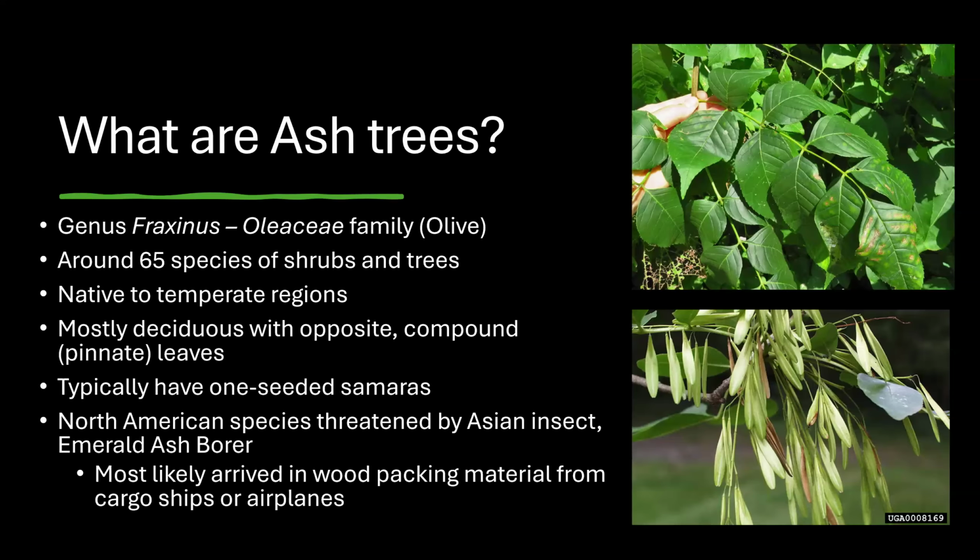I don't believe that's technically native to Kentucky, but we may have it or have had it in our landscapes. And then the tree that we call the mountain ash, even though its common name refers to it as an ash, is actually not a true ash species. So we're not going to talk about that today. Really, there's just going to be 3 representatives that we talk about in this lecture.